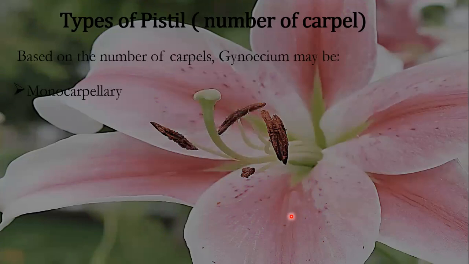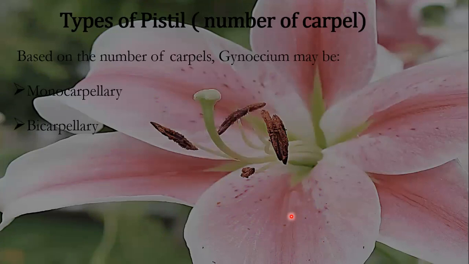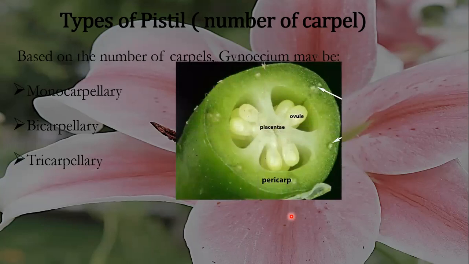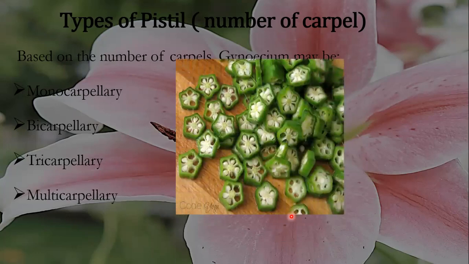If it consists of 2 carpels, we call it bicarpellary. If 3 carpels are present in that ovary, we call it a tricarpellary ovary. If more than 3 carpels are present in the gynoecium, we call it multicarpellary.